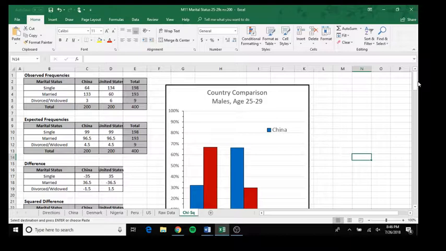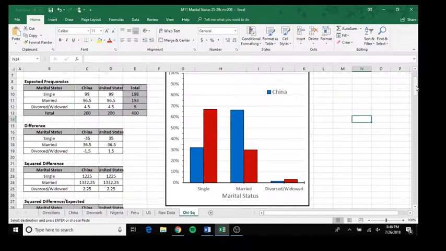And for married, there were more married men in China than there were in the US, and the US was twice as much as China for divorced or widowed. And for expected frequencies, they thought that it would be equal for both to be single, both to be married, and both to have the same numbers for divorced and widowed.